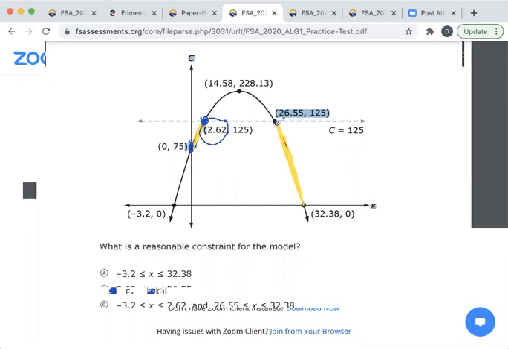And then from 2655 right there all the way to 3238 is the other section, moving from left to right along the X values is what we're looking for. So that would keep the production cost underneath this line right here.